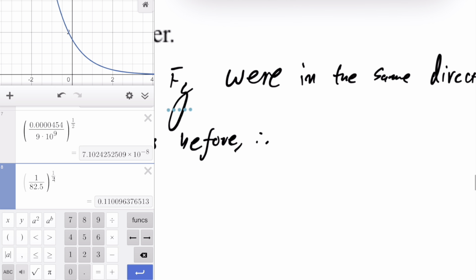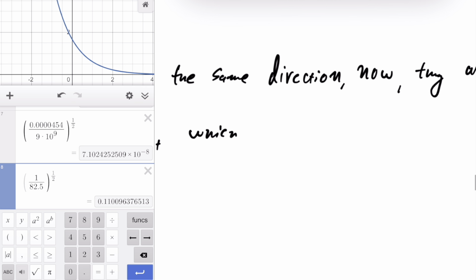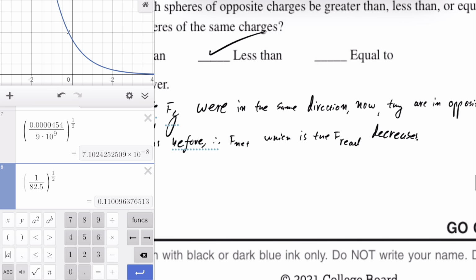Therefore, F net, which is the F read, decreases, right? Because they're working against each other instead of working with each other.